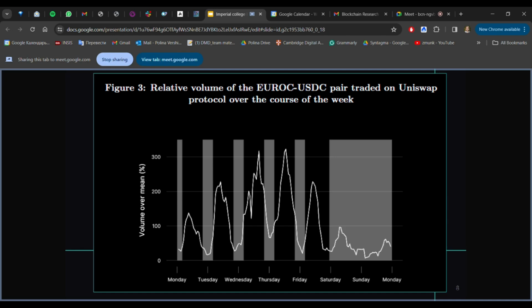This is an interesting graph because it shows in the shaded zones moments when the traditional exchanges were not operating, but the data of the volume of the pair traded in Uniswap shows that there is still a demand and people still would like to trade during Saturday, Sunday, up to Monday. And again, DeFi can cover that demand easily.